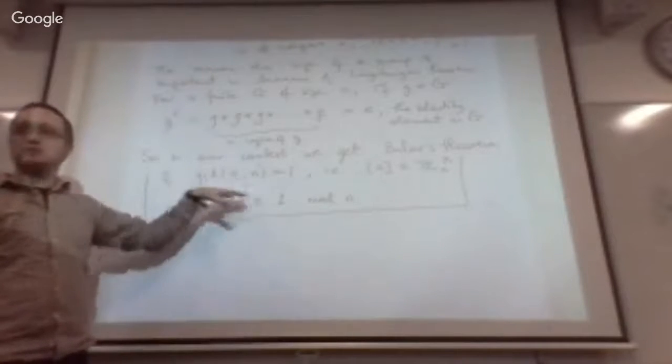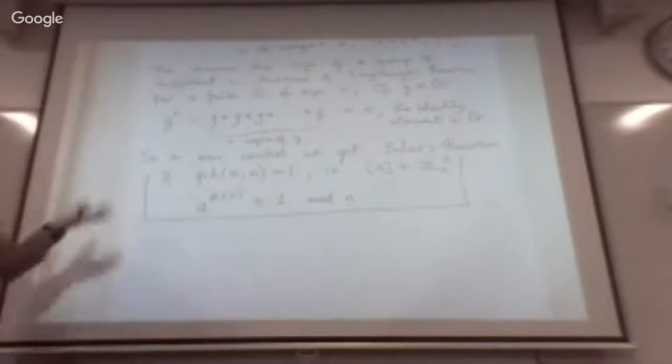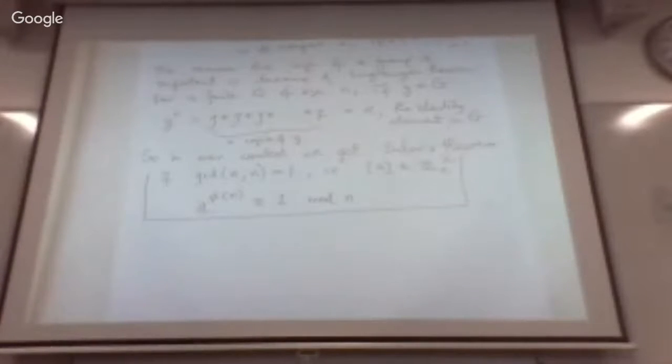But we will be able to prove Euler's theorem ourselves within number theory, just using the tools that we've developed so far. But first of all, to show you what it's used for. So how does this help us simplify an arbitrary power of a?